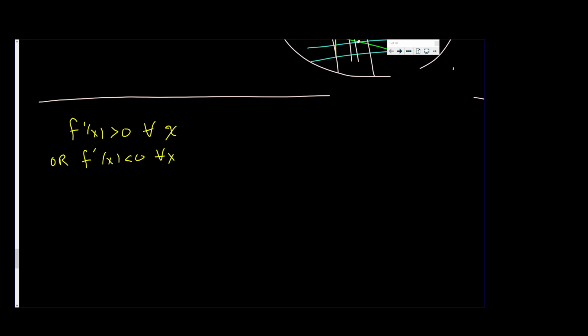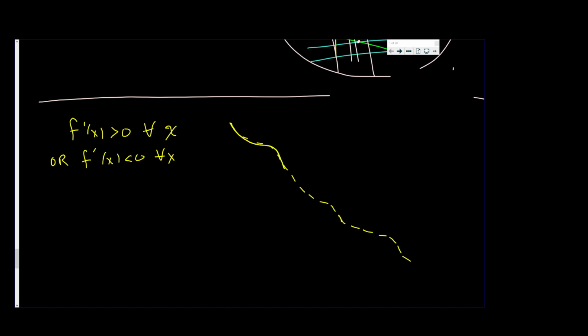So you have a very negative slope, less negative, more negative, the same negative, less negative, more negative.